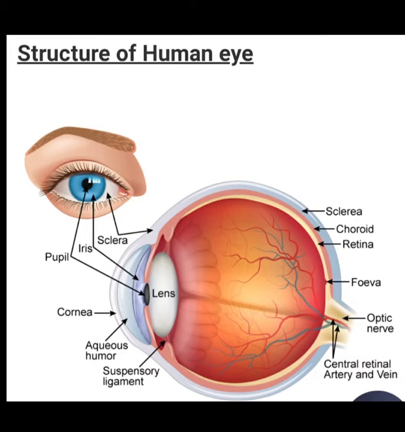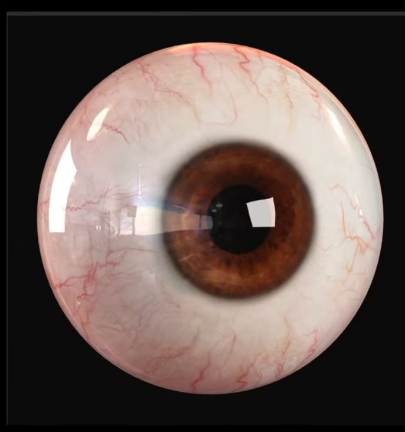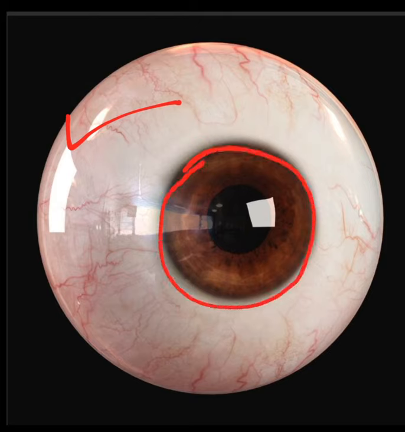Now, look, this is the 3D image of our eyeball. This white portion of the eyeball is the sclerotic layer, the outermost layer of our eye. From the front side, it is transparent. As it is transparent, this dark colored part from the middle layer is visible here.